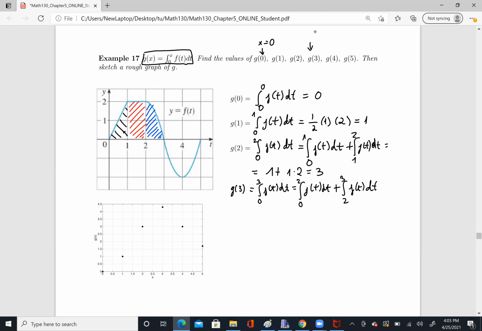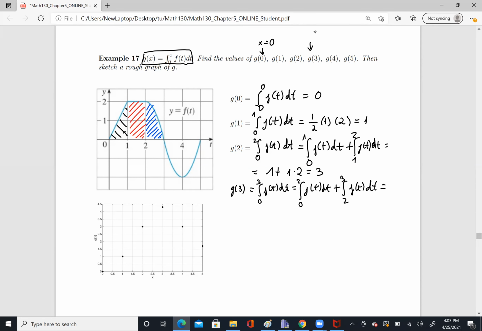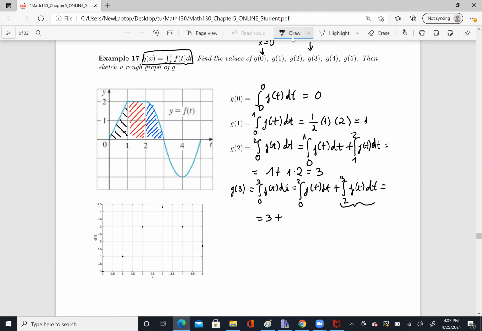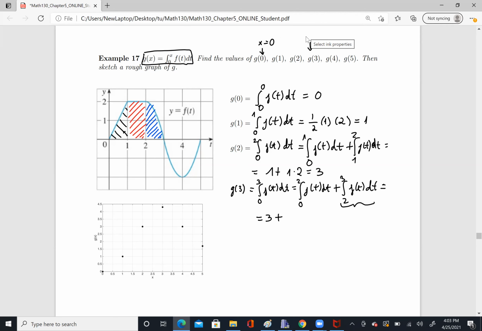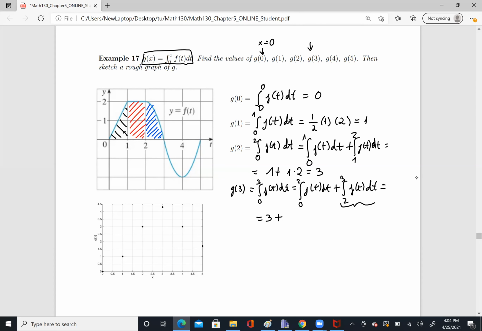You know that the area under the curve from 0 to 2 of f of t dt is 3, so that equals 3 plus the area under the curve from 2 to 3.